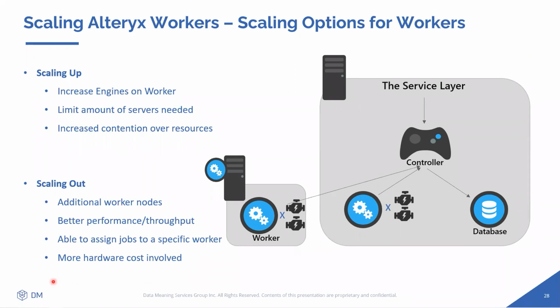Even with more hardware costs involved, you have much better results related to performance, but it also gives you the ability to separate your workflows. So for example, if you have a heavier data set, or a team that uses only heavier data sets, or the data science team that uses very heavy predictive workflows, that's when you can start thinking about separating one specific worker for those users, right?